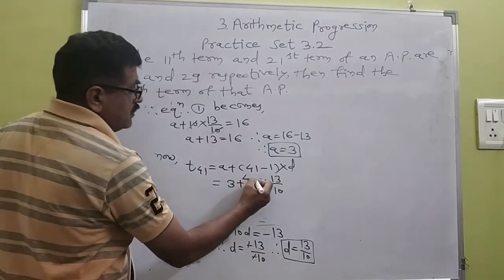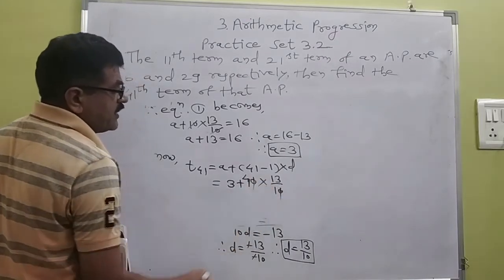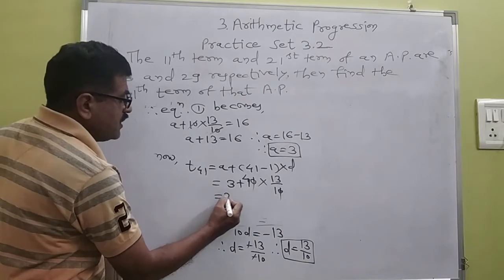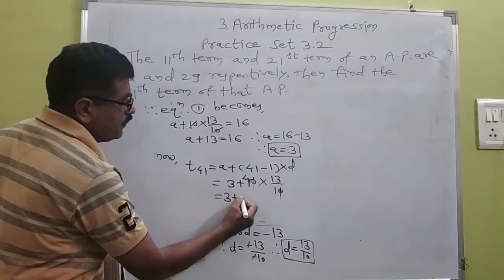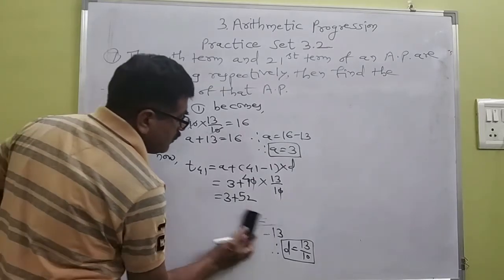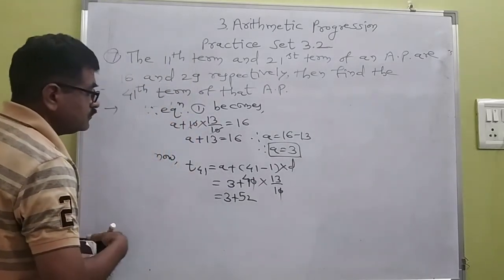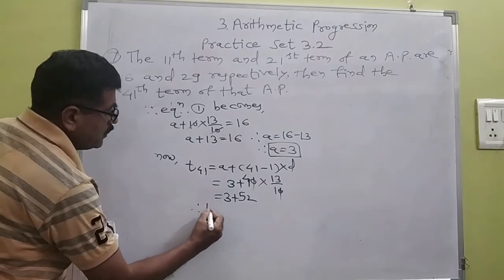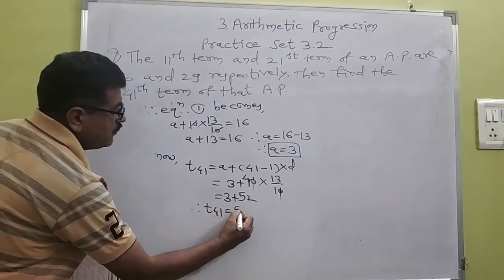Now here the 0s get cancelled, 3 plus 13 into 4 is 52. Therefore the value of T41, therefore T41 is equal to 55.